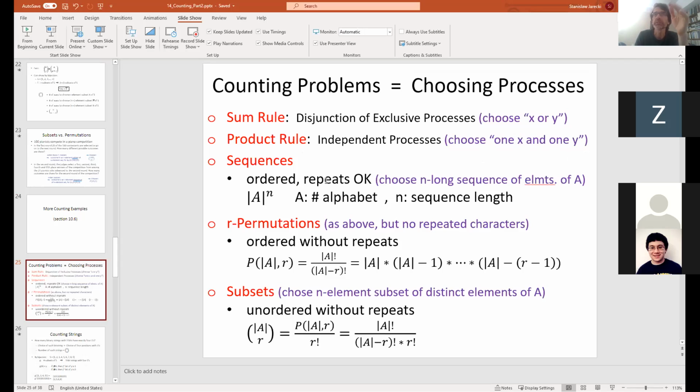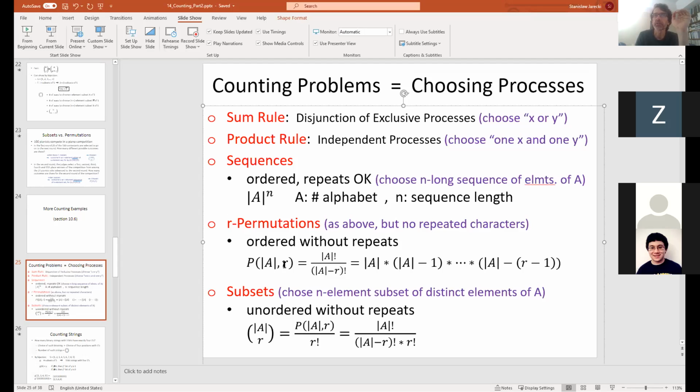Sequences, orders: they're ordered and repeats are possible. This is just the cardinality of the alphabet from which you take these elements, to the power of how many elements you took. What if you have constraints that you're taking R elements from this alphabet A, but there are no repeats?